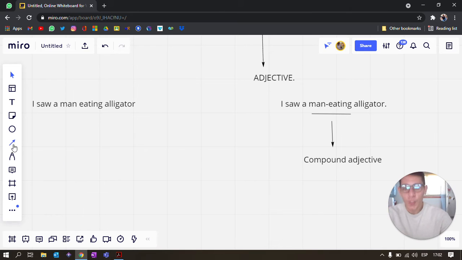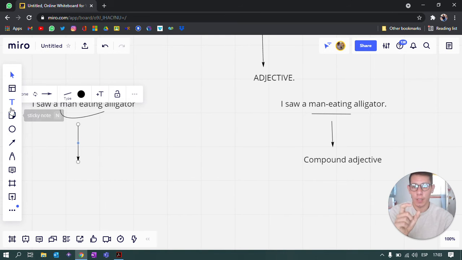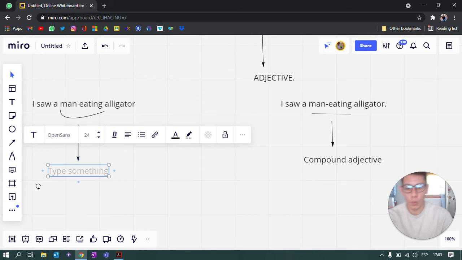But on the other hand, we have I saw a man eating alligator. That has a completely different meaning. This is what we call a reduced relative clause. Because the full sentence would be I saw a man that was eating alligator.